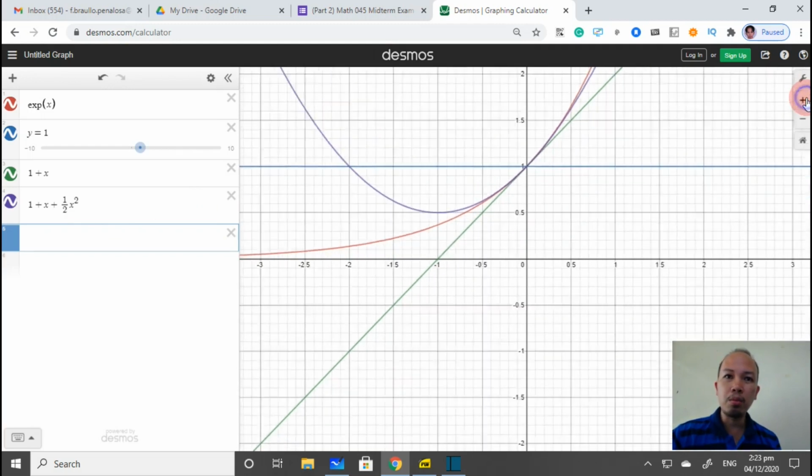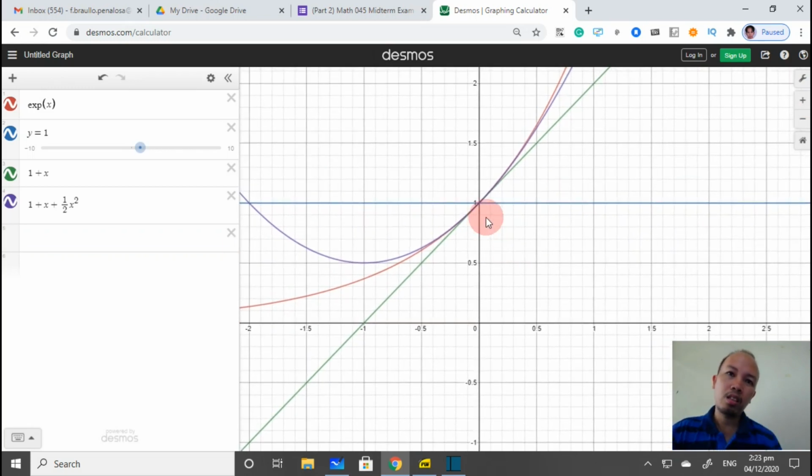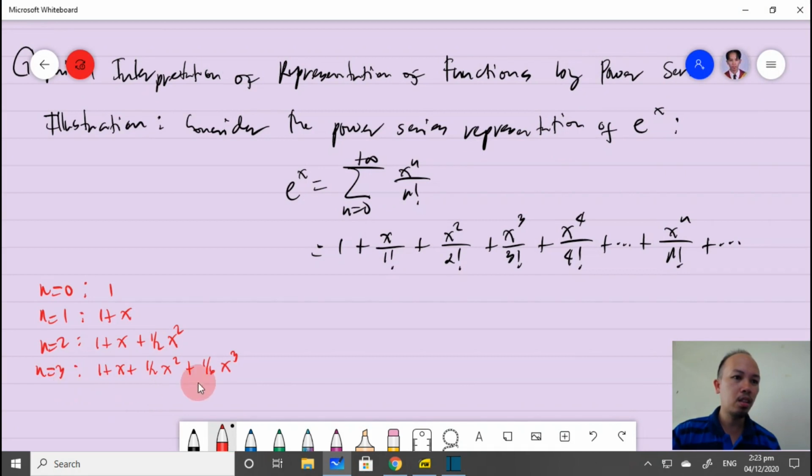I don't know if the intersection between e to the x and the purple function will cover some more points of the exponential function. But again, let's try another, when n is equal to 3.